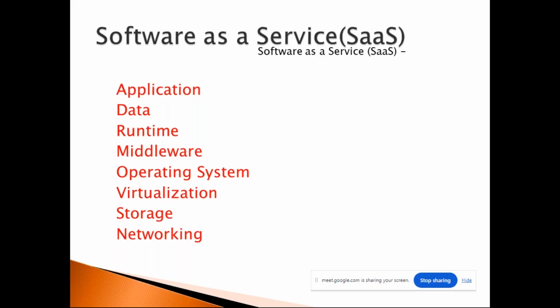It's very expensive, right? Then I'll go for software as a service. Everything is provided by the cloud service provider. You just deploy your application and manage that. That is called software as a service. So that depends upon the client requirement.